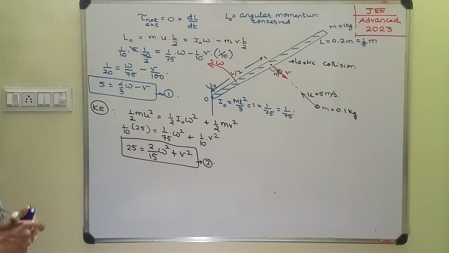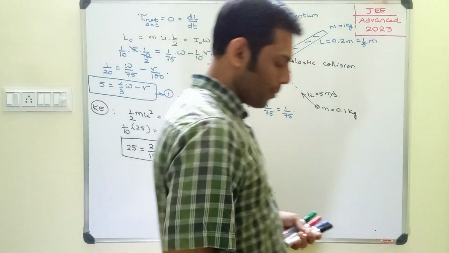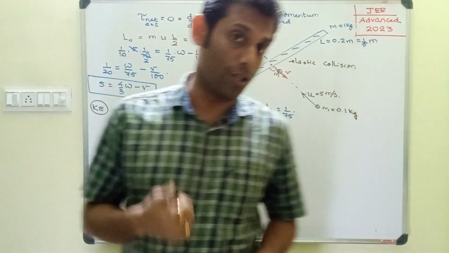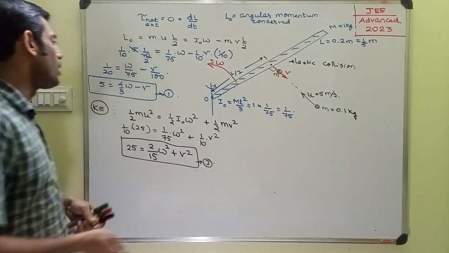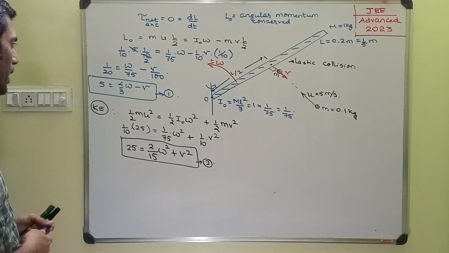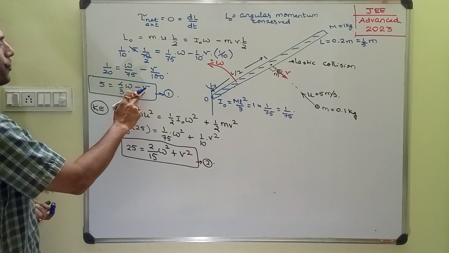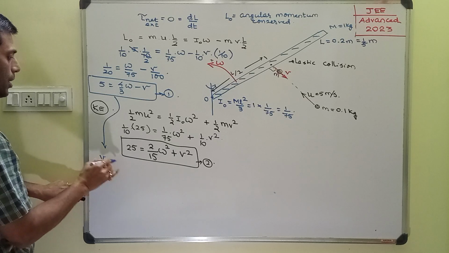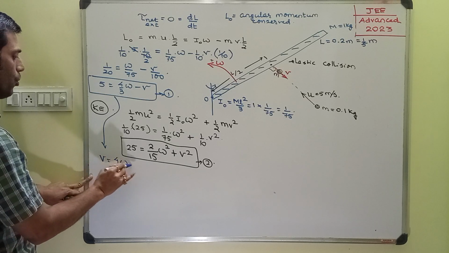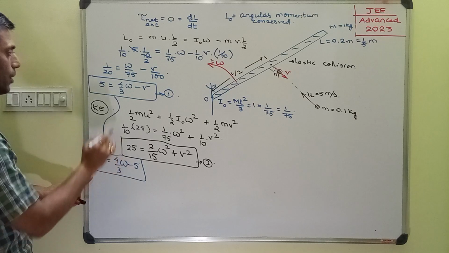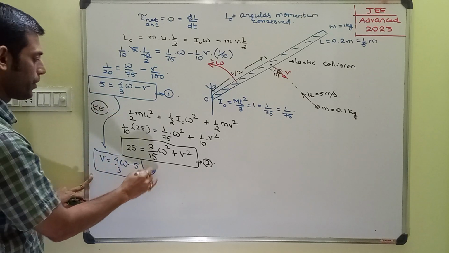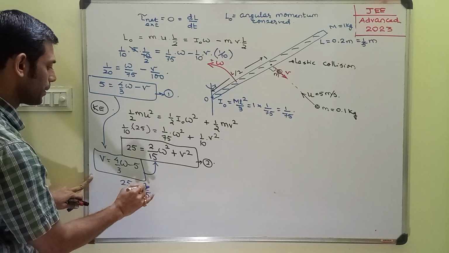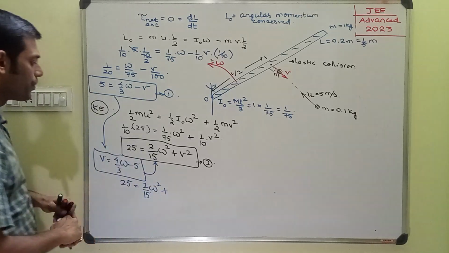In an elastic collision, the momentum is conserved as well as the kinetic energy. Now we solve these two equations to get v and omega values. Let's replace v. If we place v is equal to 4 by 3 omega minus 5 into this, what we get is 25 is equal to 2 by 15 into omega square plus v square.